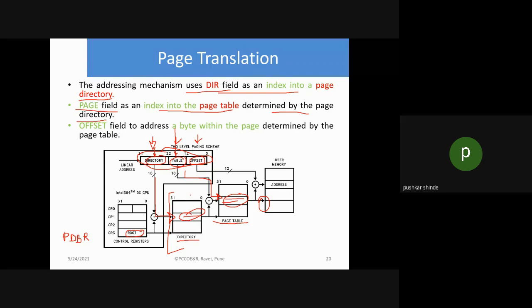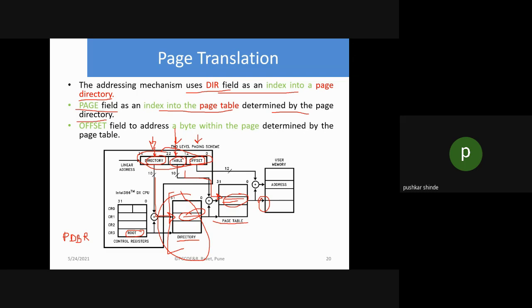So the size of a page directory is 4 bytes into 1K. So it is 4 MB basically.